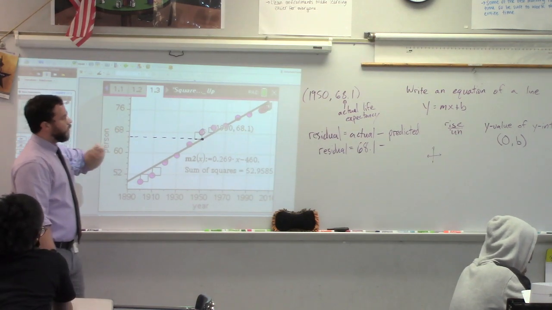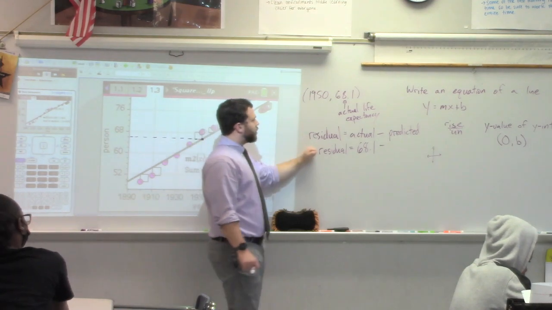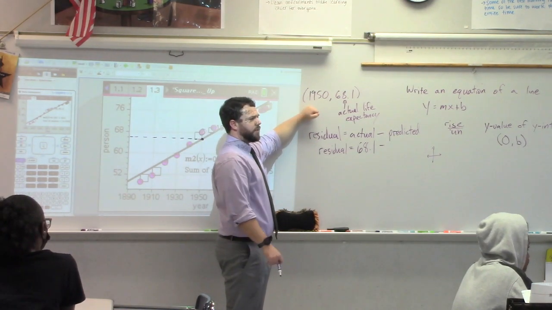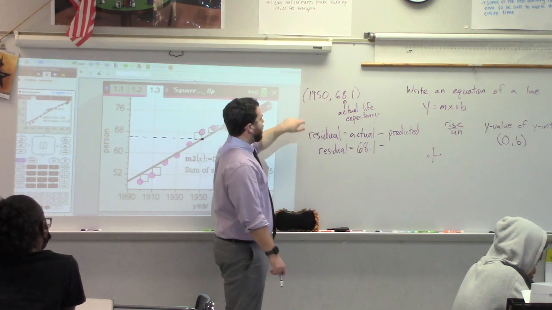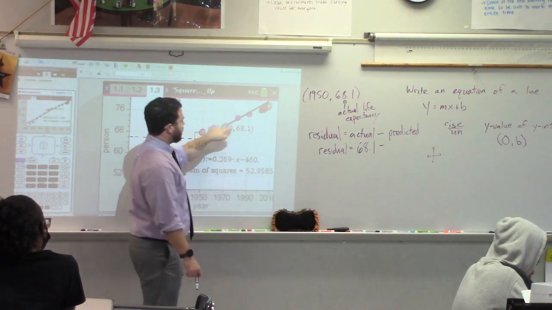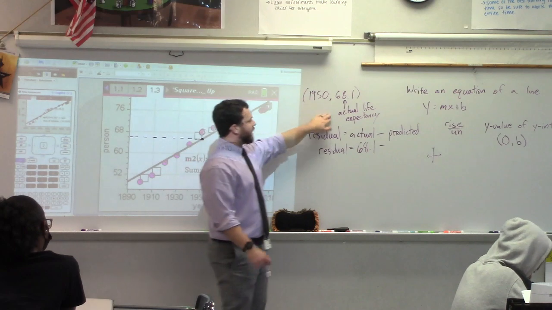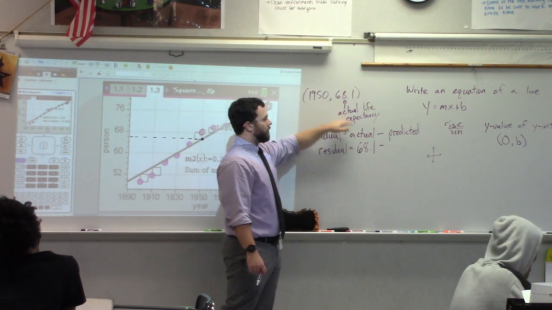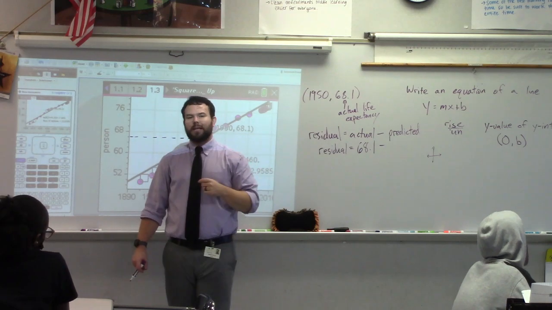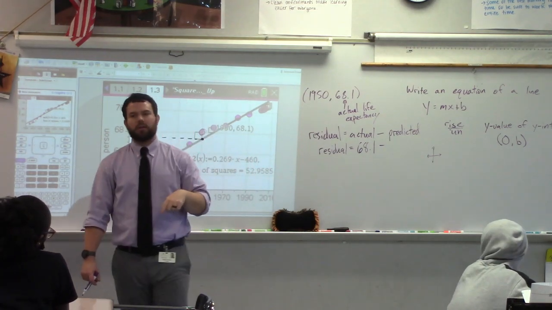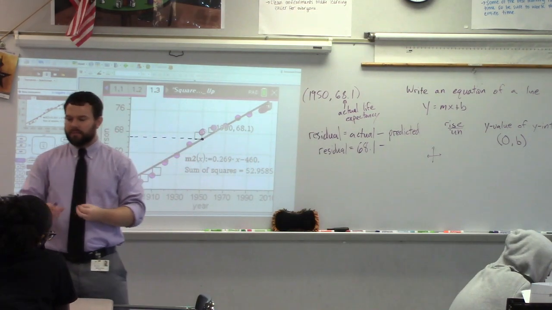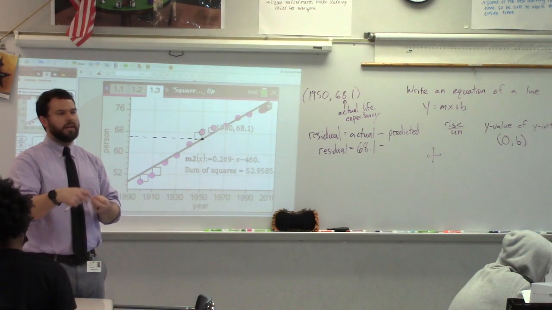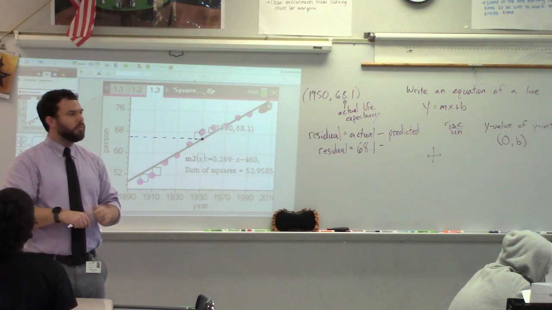So remember, what we're trying to find is the residual for 1950. That's what the directions say, residual for 1950, number 2. I found that this point, 1950, has 68.1, so the actual life expectancy is 68.1. But I still need the predicted. Earlier in the book, how did we find the predicted value based on an equation? We substituted.